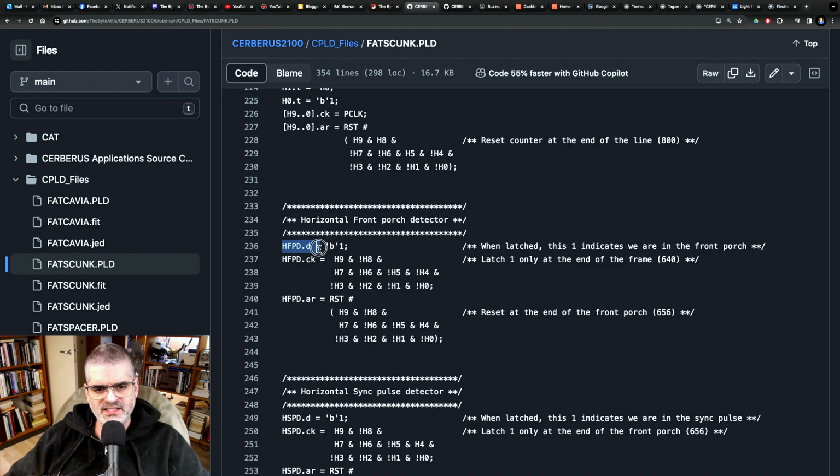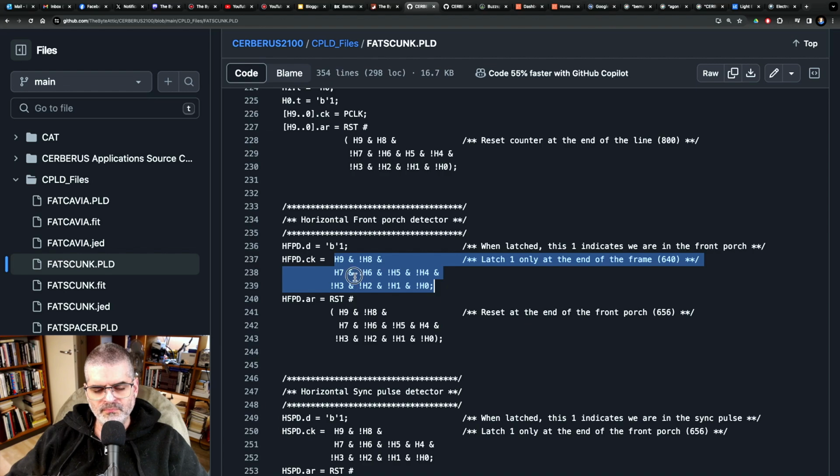We have a D flip-flop that is the detector. We wire a binary 1 to it, 5 volts, and the clock is given by this. In other words, the output of the flip-flop will only be 1 when this condition is met, because then the clock pulse will latch 1 into the flip-flop, and that will go to the output.